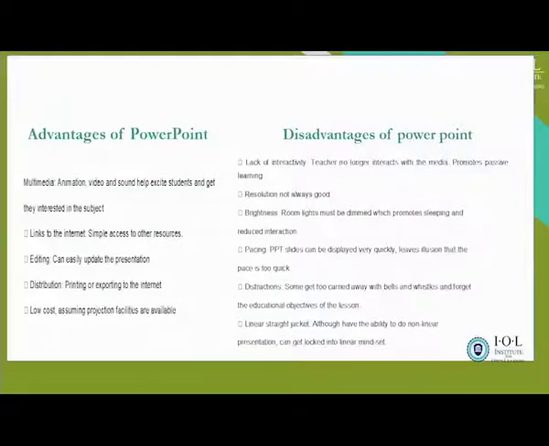So that is one of the advantages. Learners who are taught through PowerPoint are sometimes able to capture the information faster than learners who are just given notes on the traditional board.